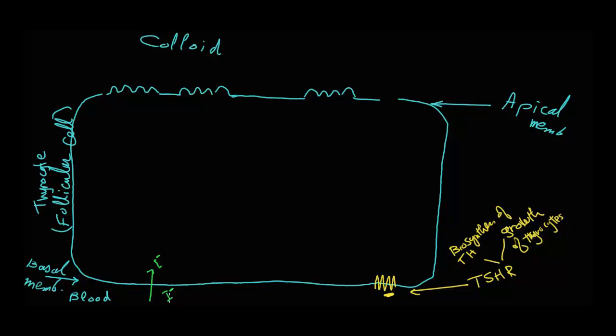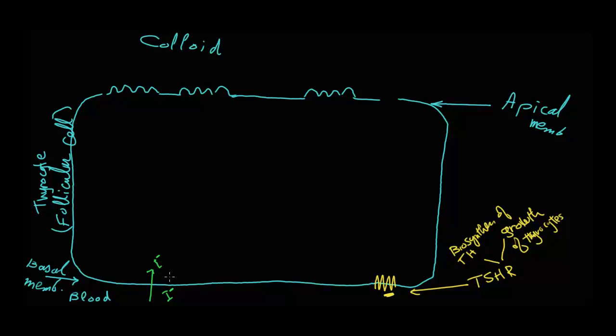The thyroid gland can concentrate iodide to about 30 or 40 times more than its concentration in the blood. So this process must take place in an active way.